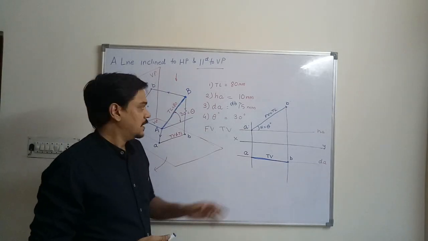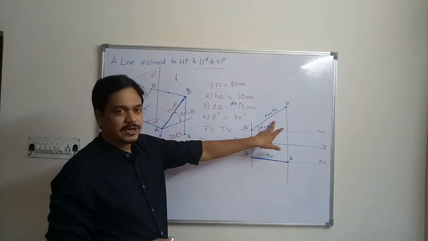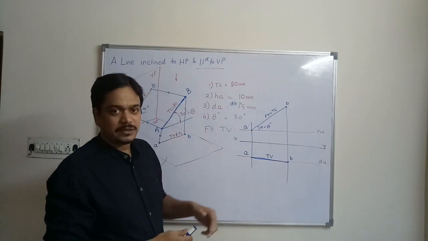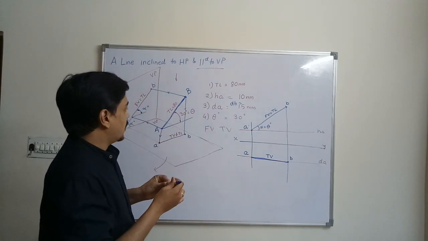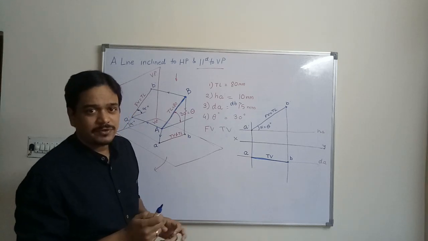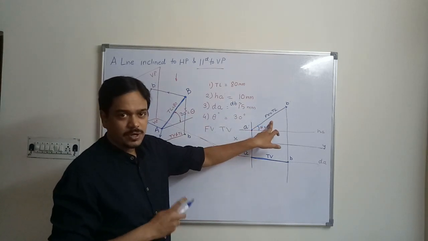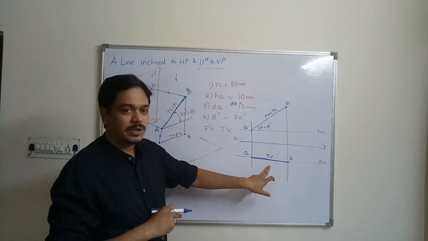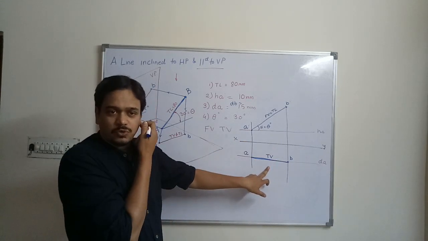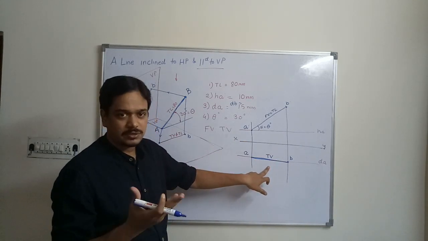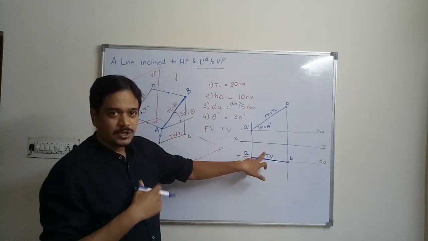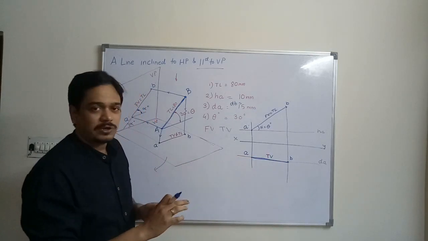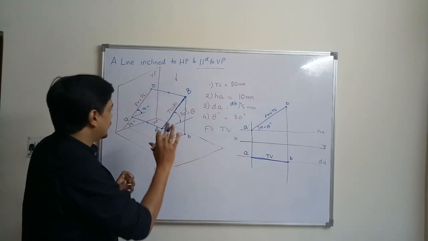Now we have seen that you have got the front view and top view of the line. So the next is, you are having the true length in the front view, but you are not having the true length in the top view. If you want to find out the true length in the top view also, what you have to do? For that, just listen over here.